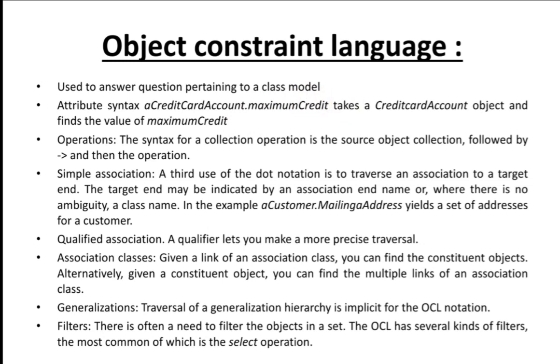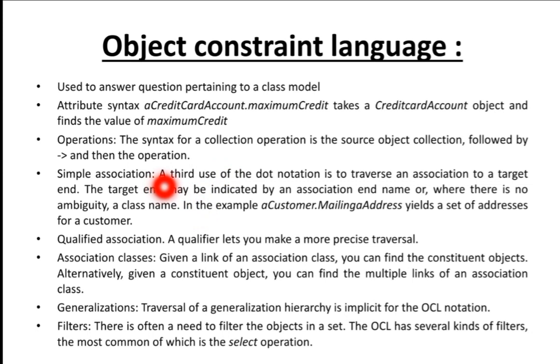Right? What is the syntax for a collection operation? You have to use an arrow mark. I will show the example, don't worry. The syntax for a collection operation is the source object collection followed by the arrow mark and then the operation. I will show that example, no worries.